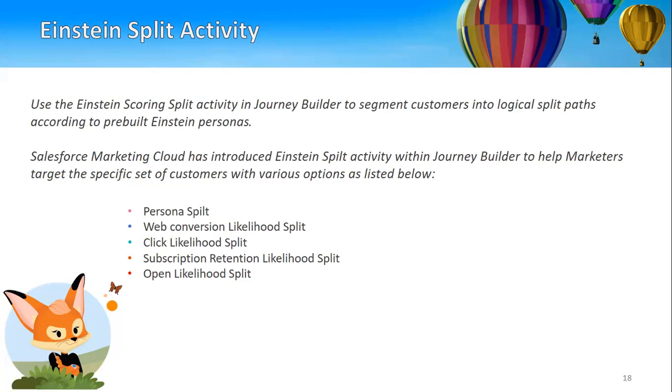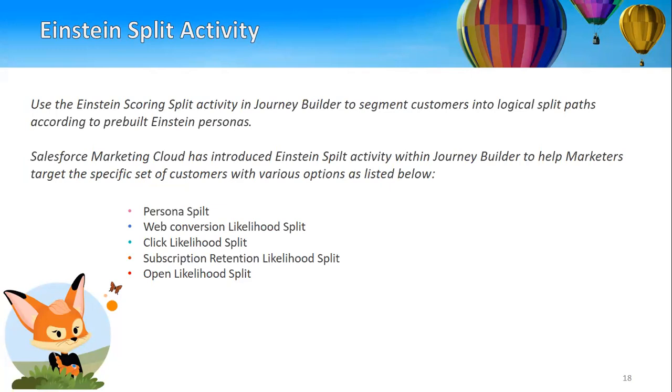And this Einstein split activity within Journey Builder helps the marketers target specific sets of customers with various options. There are different types of split available: persona split, web conversion likelihood split, click likelihood split, subscription retention likelihood split, or open likelihood split.